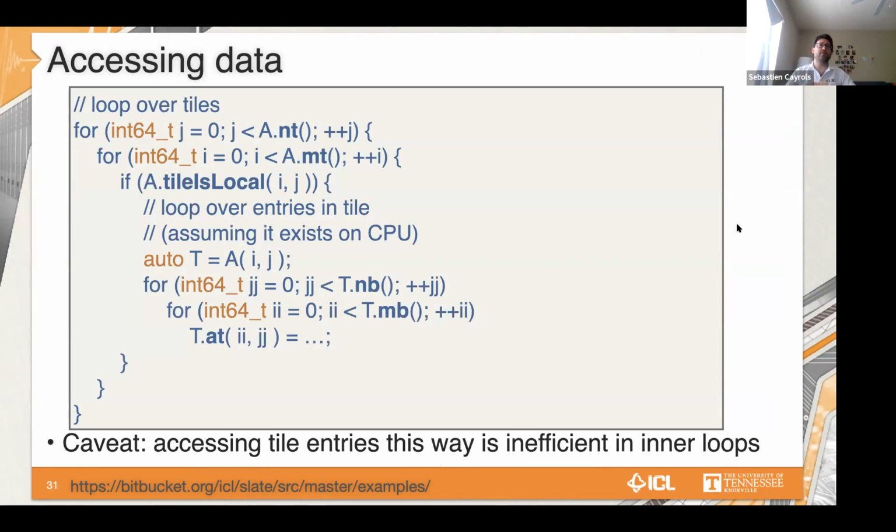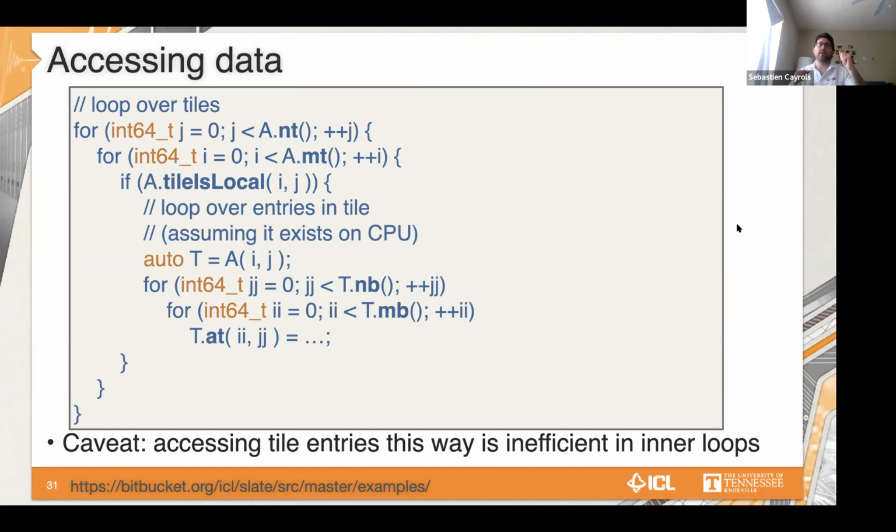Okay, so here is a very simple example. It's a toy example. We're going to have two for loops to iterate over the block columns and block rows. Then if the tile ij is local to the rank, we're going to get a label: auto t equals A(i, j). Then we iterate to access all elements of this tile by saying t.at(ii, jj) equals something.